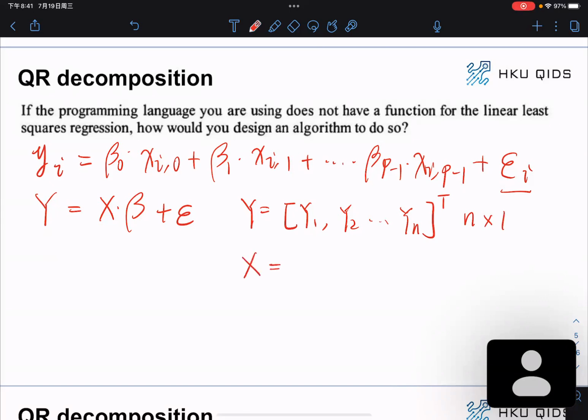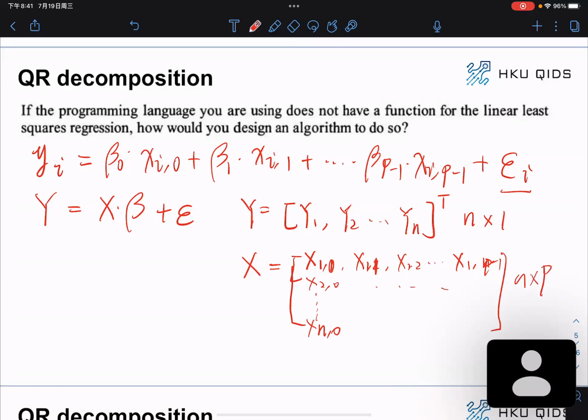And X is going to be super large. The first row is 1, X1,1, all the way to X1,p minus 1. The next row is X2,0, and so on, down to Xn,0. This is an n by p matrix.